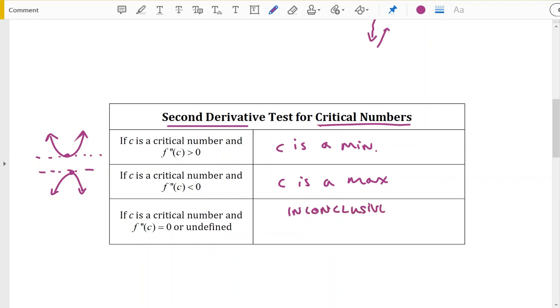And one thing that we might do is we might return to the first derivative to check the slopes on either side of our critical number to determine whether or not the slope changes, and use that to determine whether or not our critical number is a minimum or a maximum.